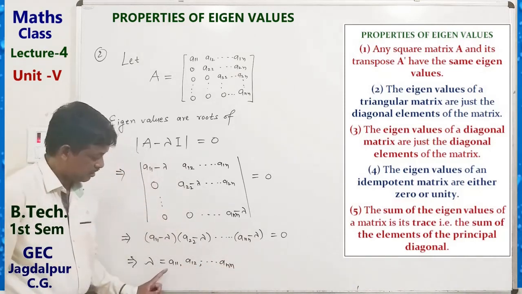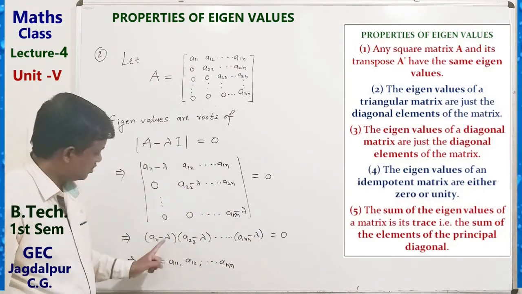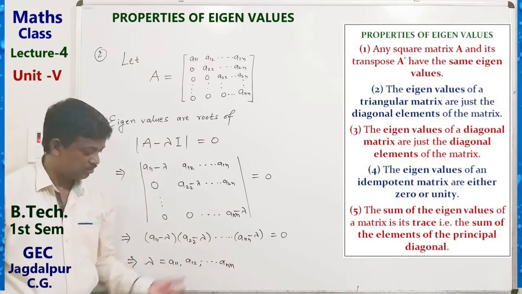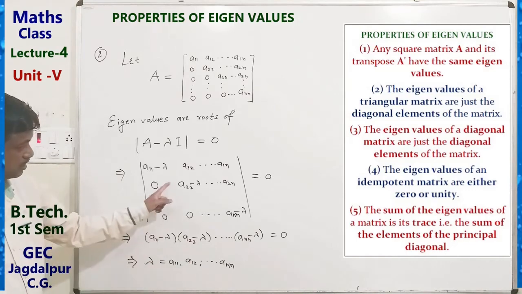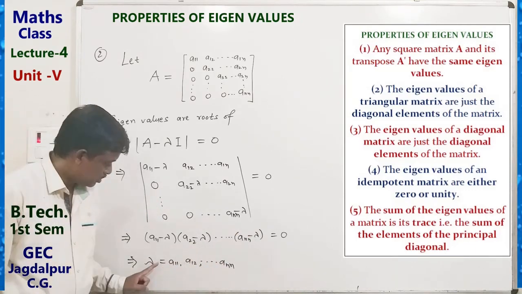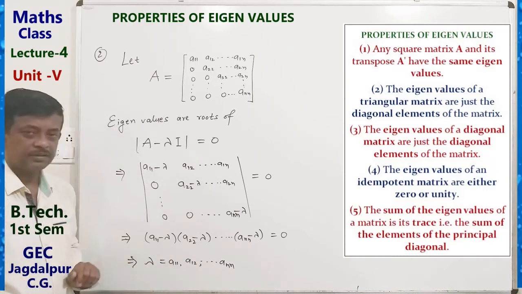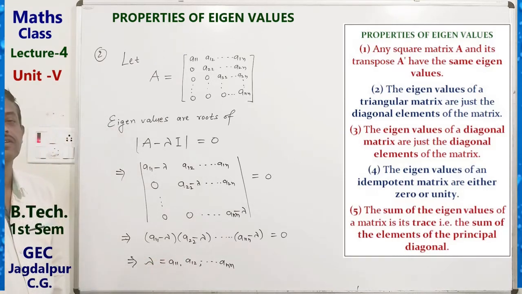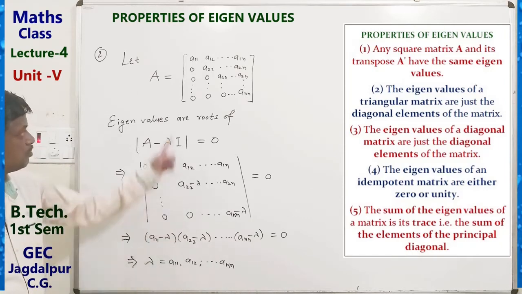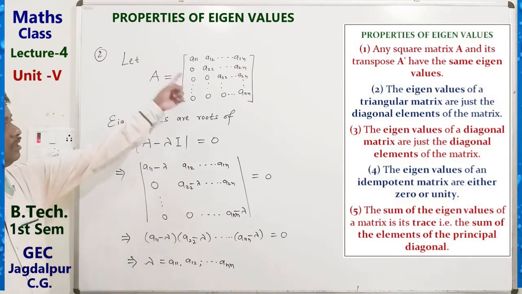That means the principal diagonal elements, because after solving this determinant, we get this. So lambda equals A11, A22, up to Ann. These are the eigenvalues. So eigenvalues are principal diagonal elements.